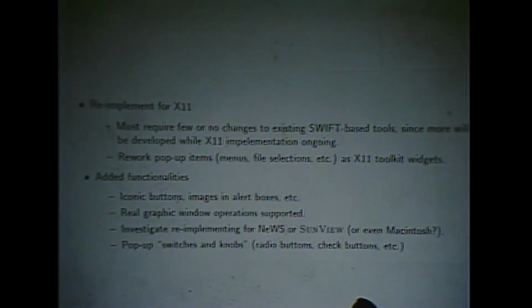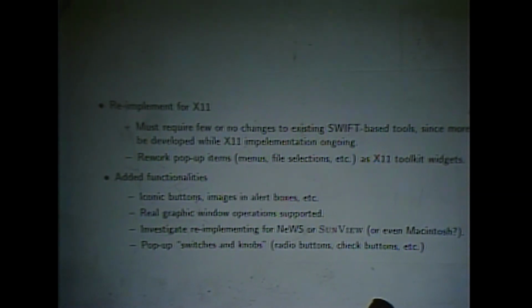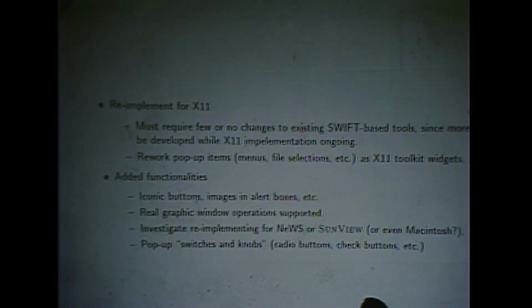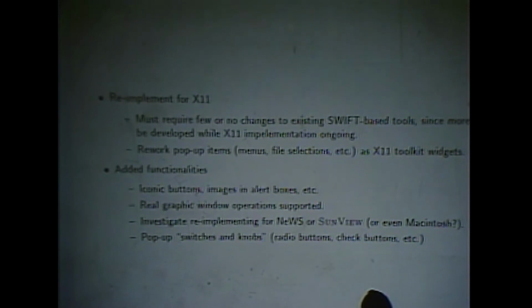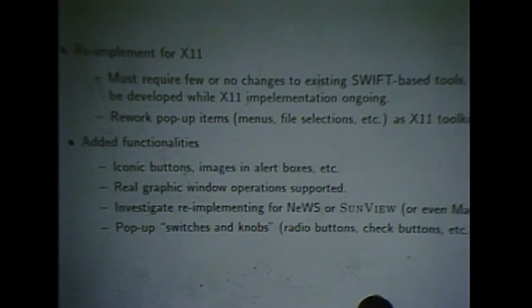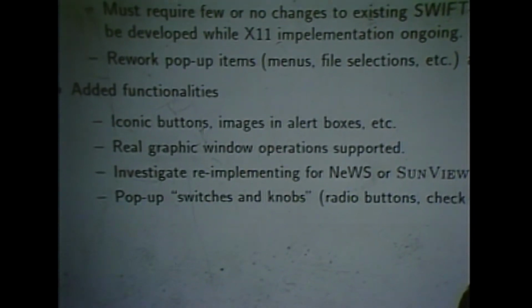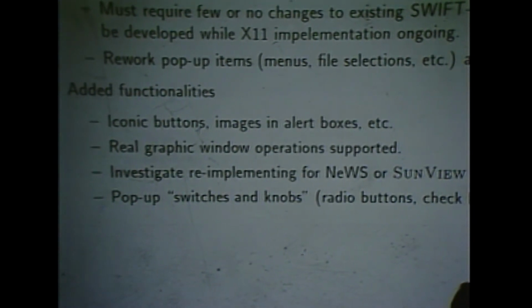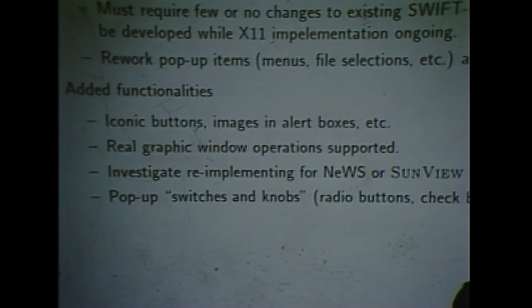Also, most of the pop-up items really want to be their own widgets rather than being hacked on top of the existing ones. Of course, we'd like additional things too. I'd like to talk to the gentleman from CMU who had the pixel-based buttons. Those would be nice for us.